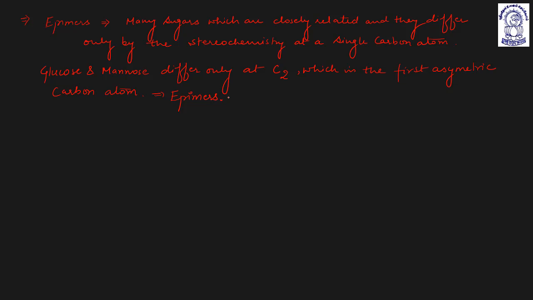And the carbon atom through which these epimers exist, if the number of the carbon atom is not specified, it is assumed to be the second carbon. Therefore, glucose and mannose are C2 epimers.